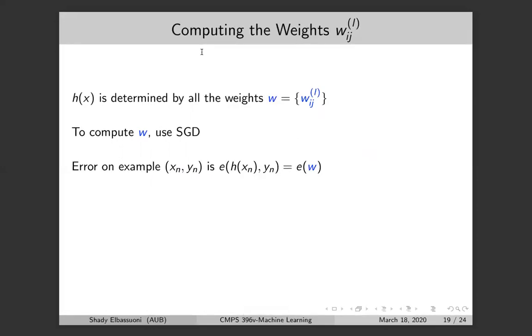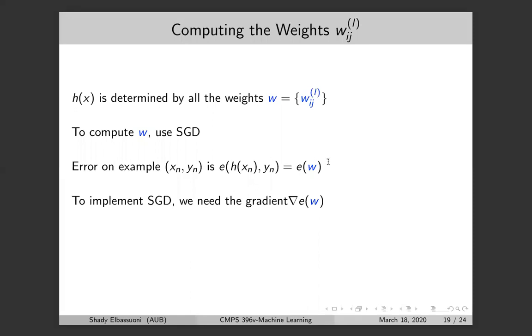Let's say the error of one example is denoted by E of h of xn, yn, which is some difference between the actual label and the predicted label. We'll call it E of W because we want to find the W that minimizes this error. So it's a function of W.